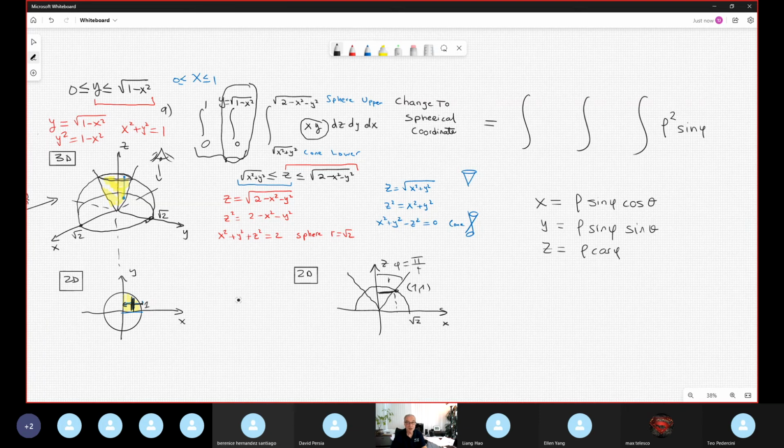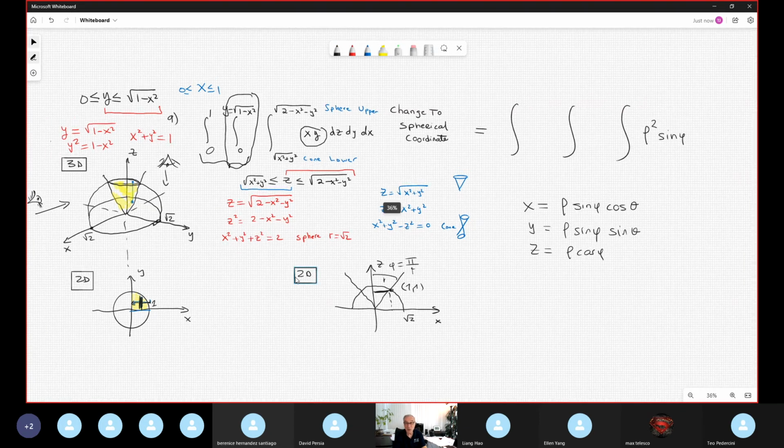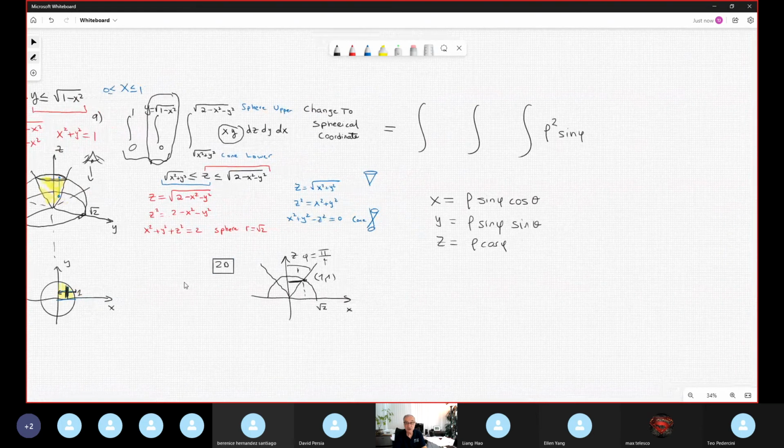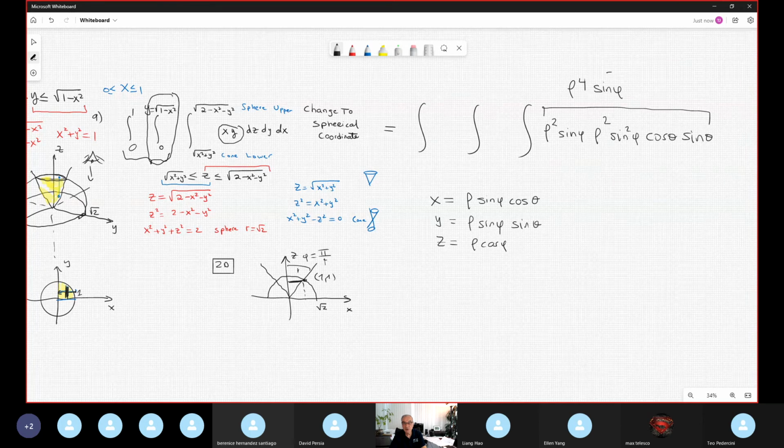Okay, entonces now I need to write x times y, que es rho squared, another rho squared, look, rho times rho, xy, sine squared phi, cosine theta, sine theta. Wow, what the hell? Okay, entonces actually, if you condense this information into only one, it's rho squared, sine phi cubed, because we have 2 and 1, cosine theta, sine theta. Cool?